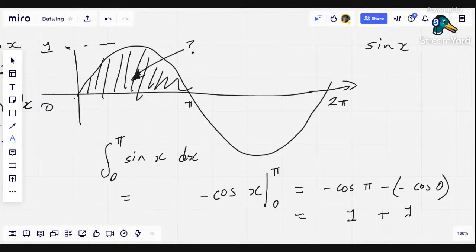It's all modular, eh? So that equals 2. Okay, so if we didn't have the whole Batwing thing going, if we just had the area underneath the sine curve, that area is 2, which, I don't know about you, but isn't that awesome?